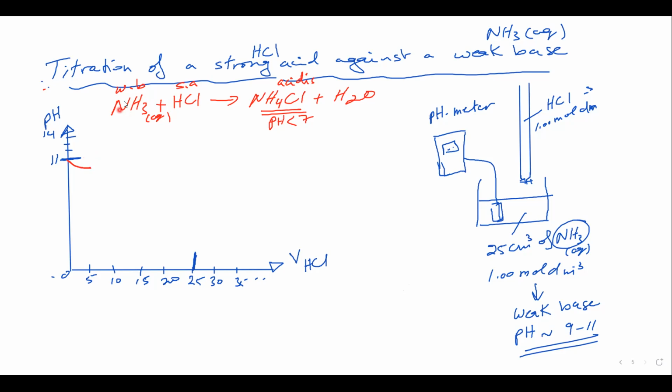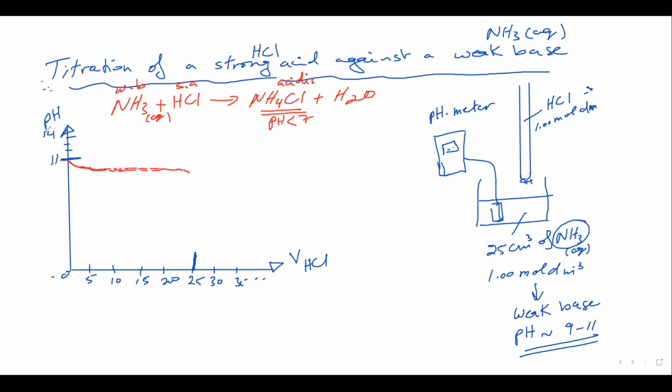You have a weak base, and now the salt that is formed is acidic, and this will cause a drop in the pH, after which the pH will change very slightly. So there was a drop at the beginning, and then the curve decreases slightly, as we usually do, until we reach the 25 volume.